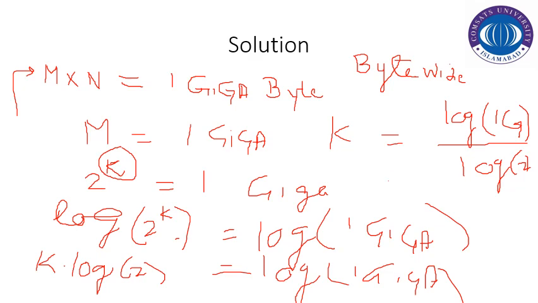So that is basically equal to 30, which means that for the 1 gigabyte RAM having capacity of 1 byte at each location, we have to have 30 address lines in order to properly access any location within that memory.